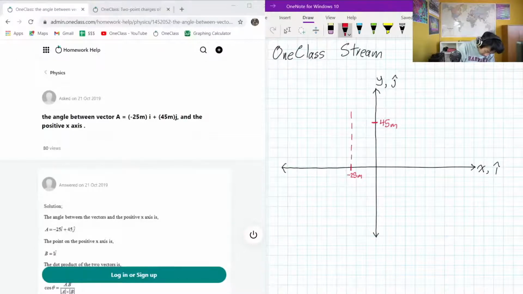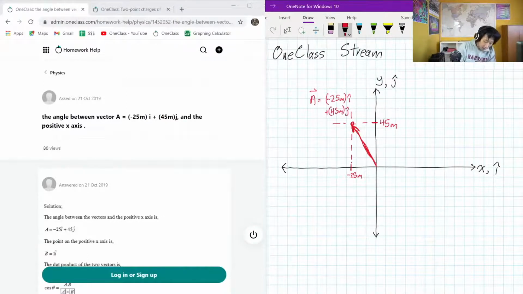Okay, so this vector is going to go from the origin to here. Let's call this vector A, which is negative 25 meters in the I plus 45 meters in the J direction.